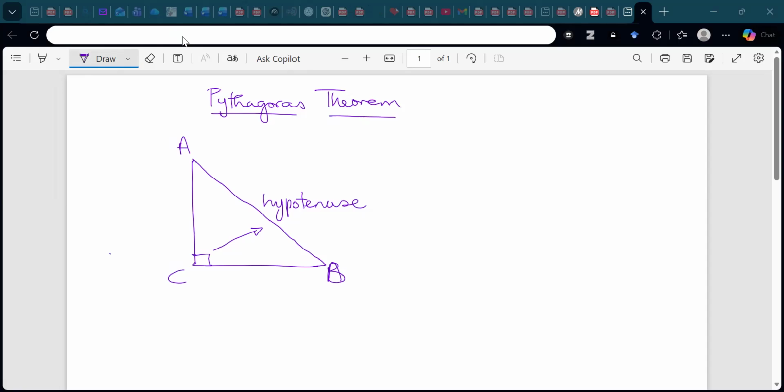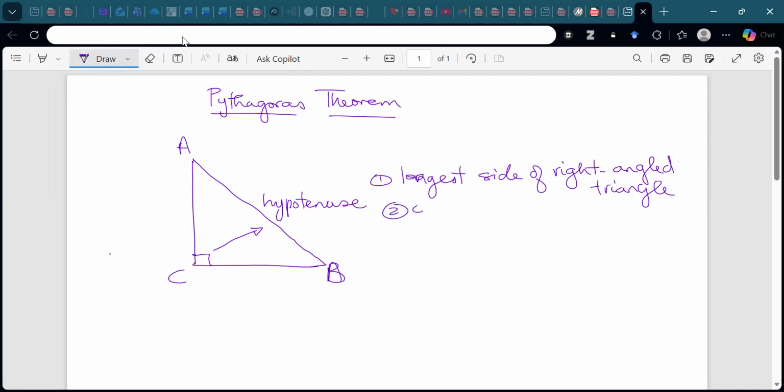Now, what do we know about the hypotenuse? One, it is the longest side of the right angle triangle. And two, it is opposite to the right angle.